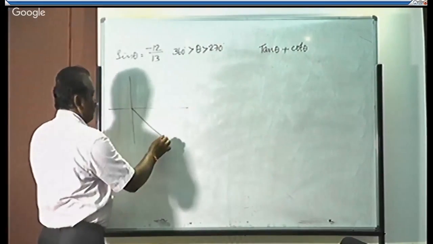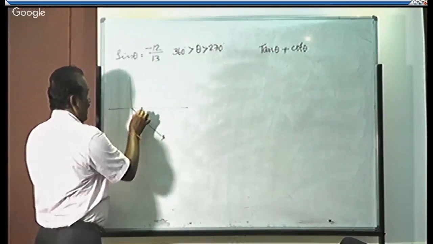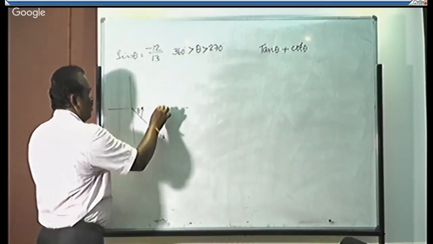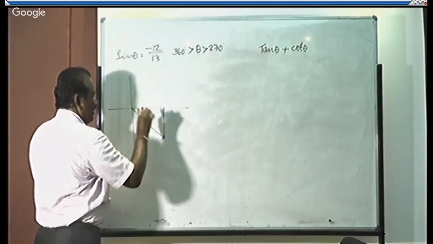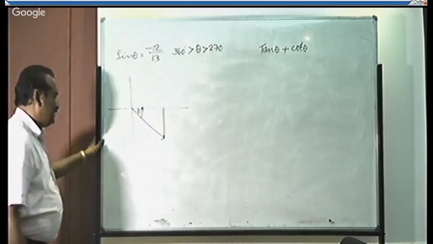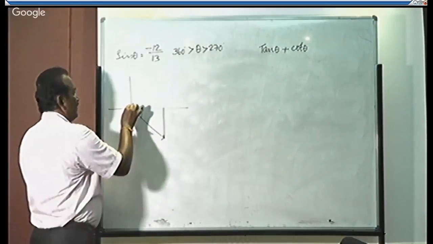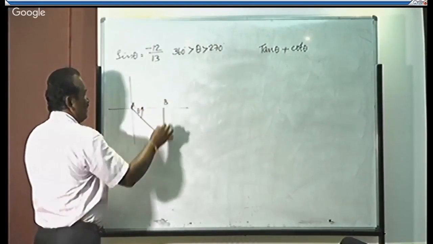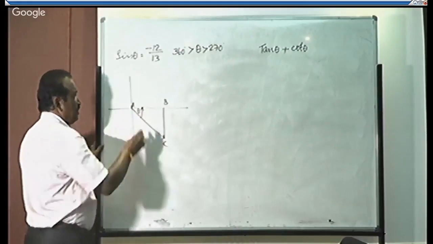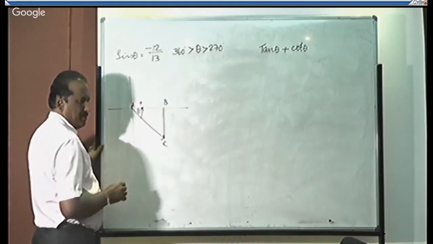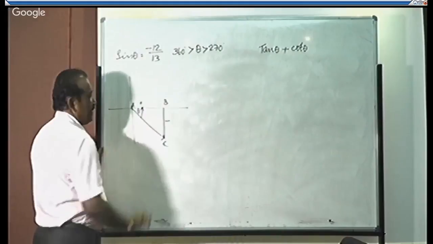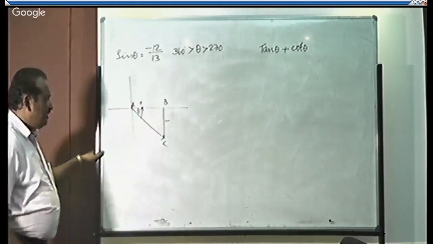So this is the revolving line. This is the angle theta. Now to define the trigonometric function, drop a perpendicular to the x-axis. You can say this is A, this is B, this is C. This is positive, right side of the origin. This is negative, below the origin.